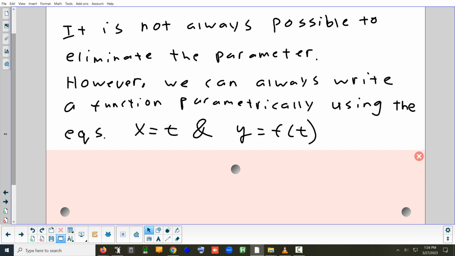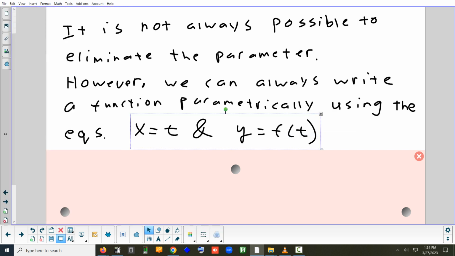So if you want to take something and make it parametric, all you have to do is write 2 equations. One of them is x equals, one of them is y equals. If you just let the first one be x equals t, and then let the second one be whatever your formula was before, and change all the variables to t's, that's a cheap way to make it parametric.